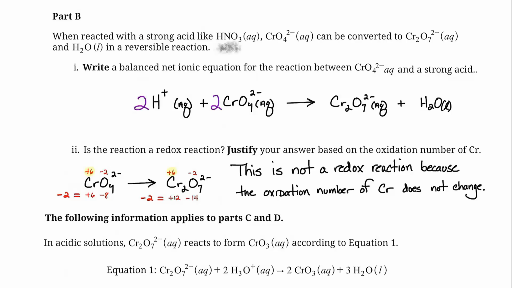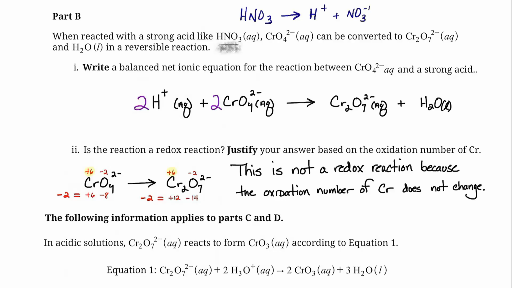Now, something about strong acids that we should recognize is that they completely dissociate. So if I was to write this reaction here, HNO3 is going to completely dissociate into a proton, and of course the nitrate ion, NO3 -1.